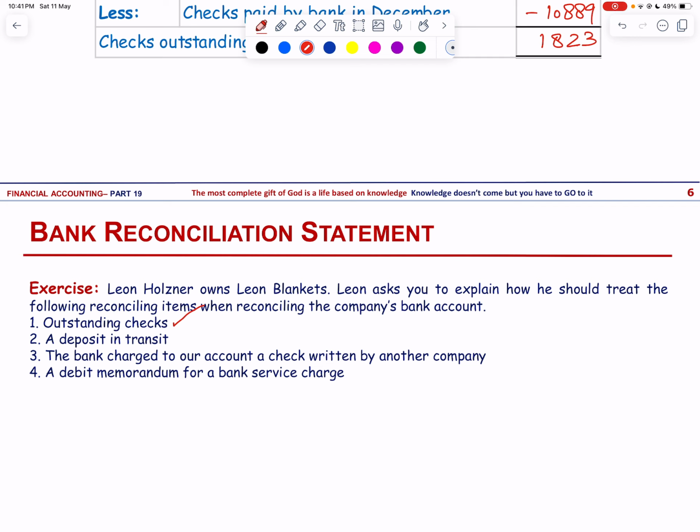A deposit in transit has to be added to the balance per bank. The bank charged to our account a check written by another company. So this has to be added to balance per bank and notify the bank of its error. A bank memorandum for a bank service charge has to be deducted from the balance per books.